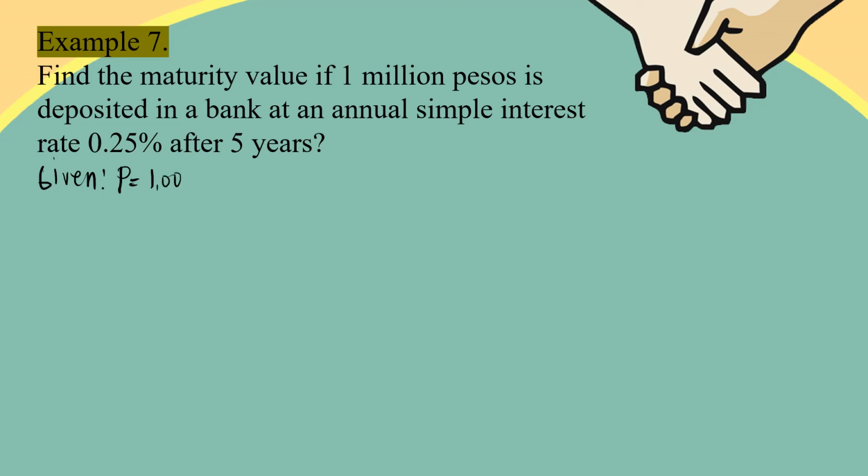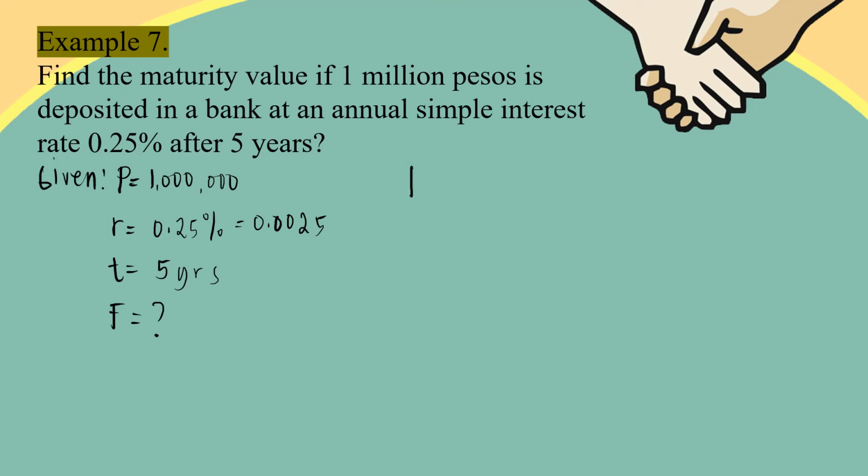So 1 million. And then, the annual simple interest rate, or yung rate natin ay 0.25% or 0.0025. Then yung time is 5 years. So, ang hinahanap ulit ay yung ating future or the maturity value.